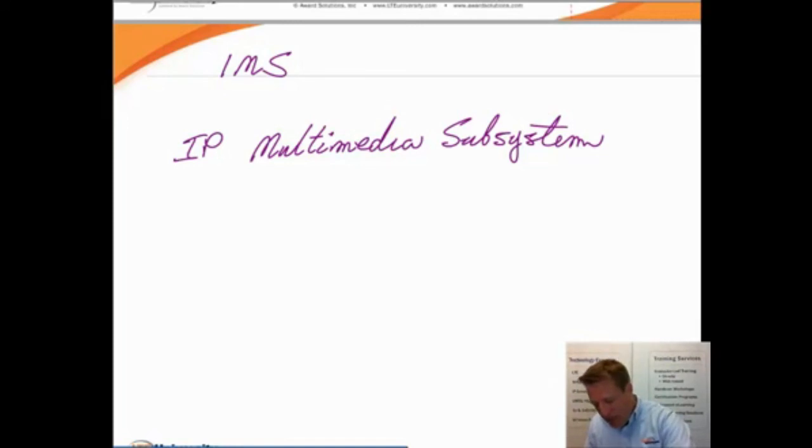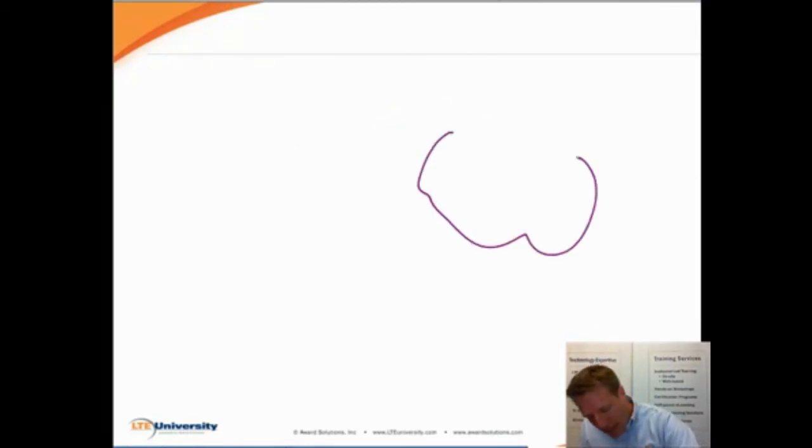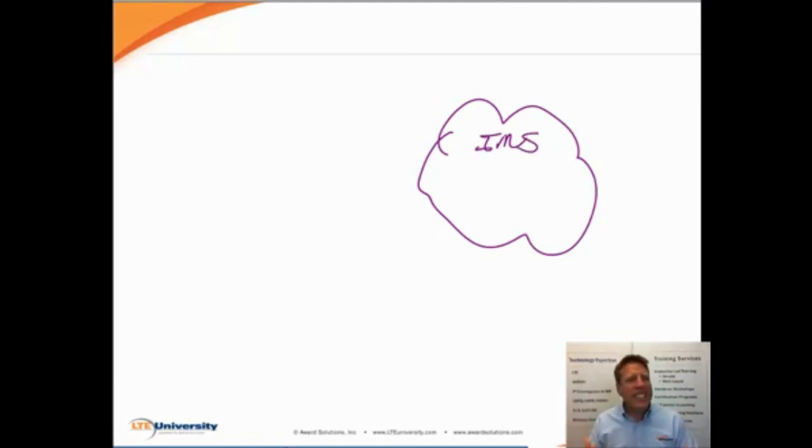Okay, so we'll draw another cloud. If this cloud is our IMS network, it's a collection of servers and functions that help enable the connectivity of these endpoints that we have.